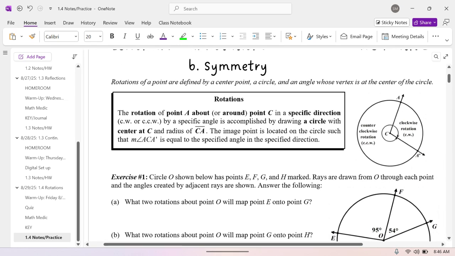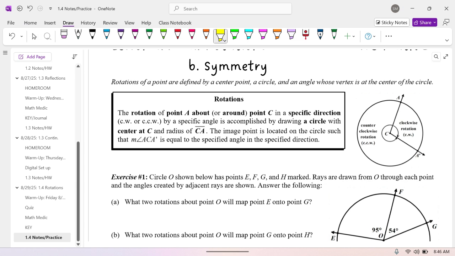With rotations, there are two parts we're going to learn about: the actual concept of rotating, and the symmetry that happens when you rotate. First off, the rotation of point A about, which means around, point C in a specific direction, again clockwise or counterclockwise, by a specific angle, is accomplished by drawing a circle with a center at C and a radius of segment CA.